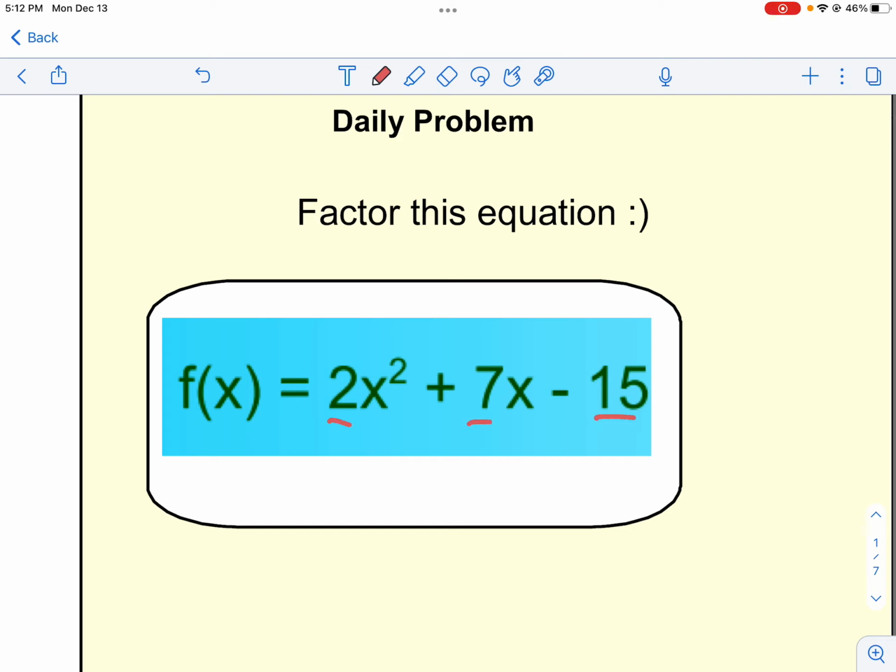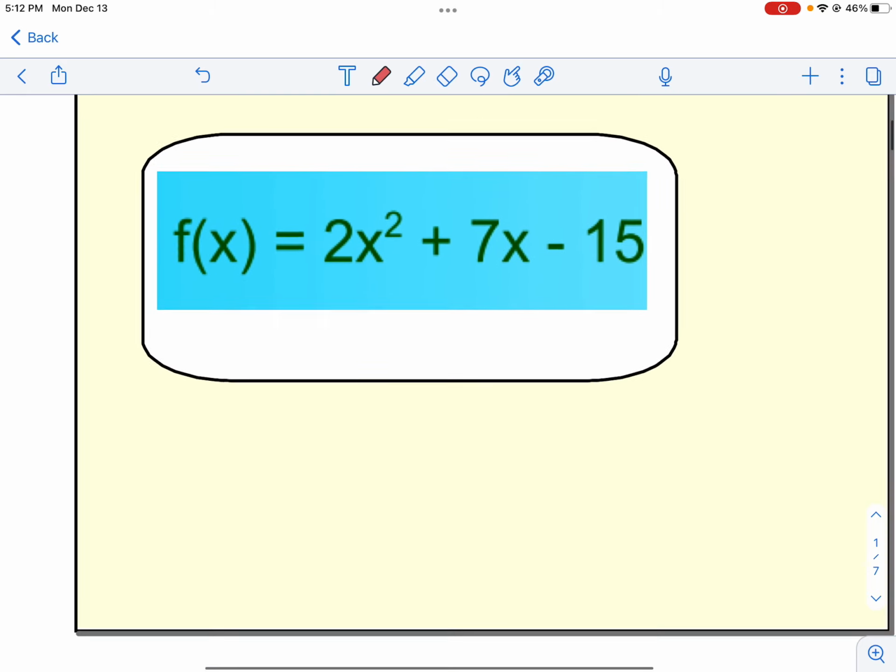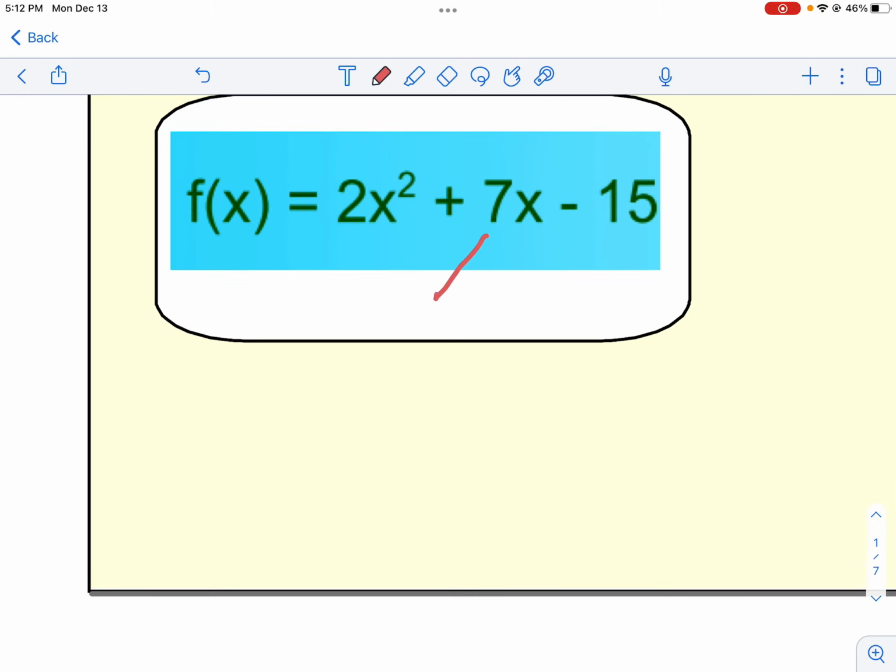I can't factor anything out of here, so we're going to rewrite this equation so it has two groups in it. In order to do that, we're going to split our 7 term into 2 different things that add back to 7. So this could be like 1 and 6. It could be like 100 and negative 93.